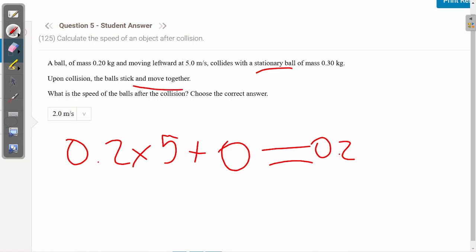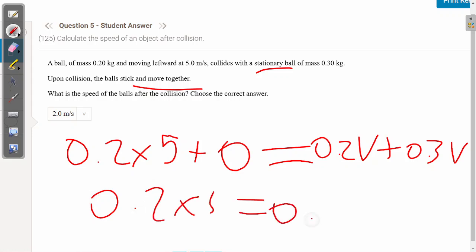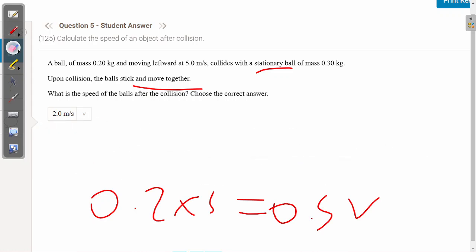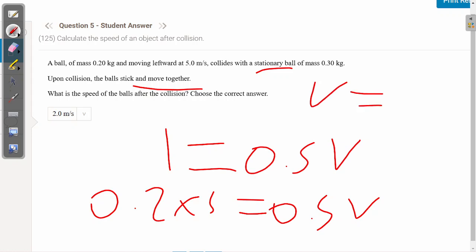They stick together and move together, so they have the same velocity. So 0.2 v, let's call it v, plus 0.3 v. Okay, so 0.2 times 5 equals 0.5 v. 1 equals 0.5 v, so v equals 1 divided by 0.5, which is 2 meters per second.